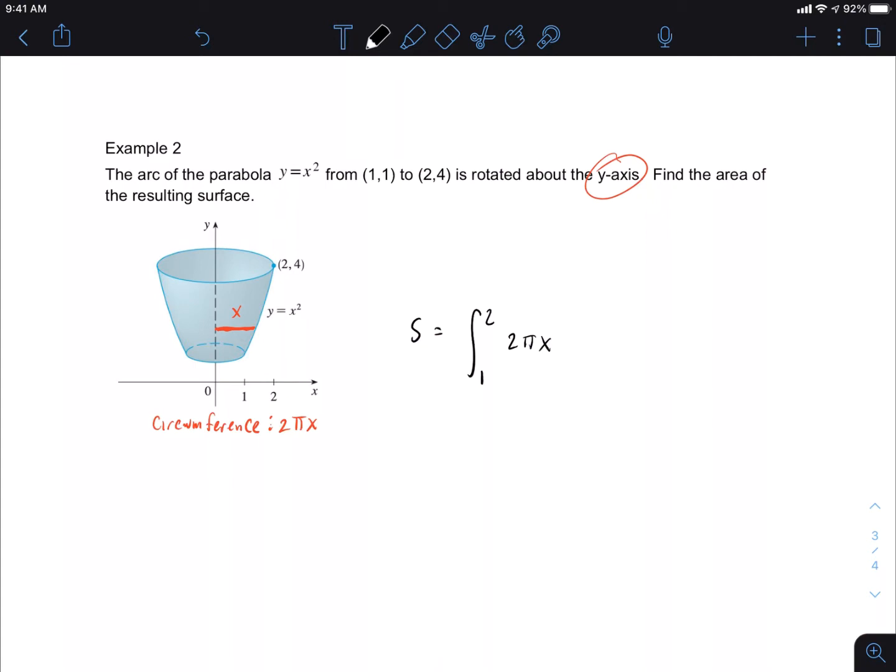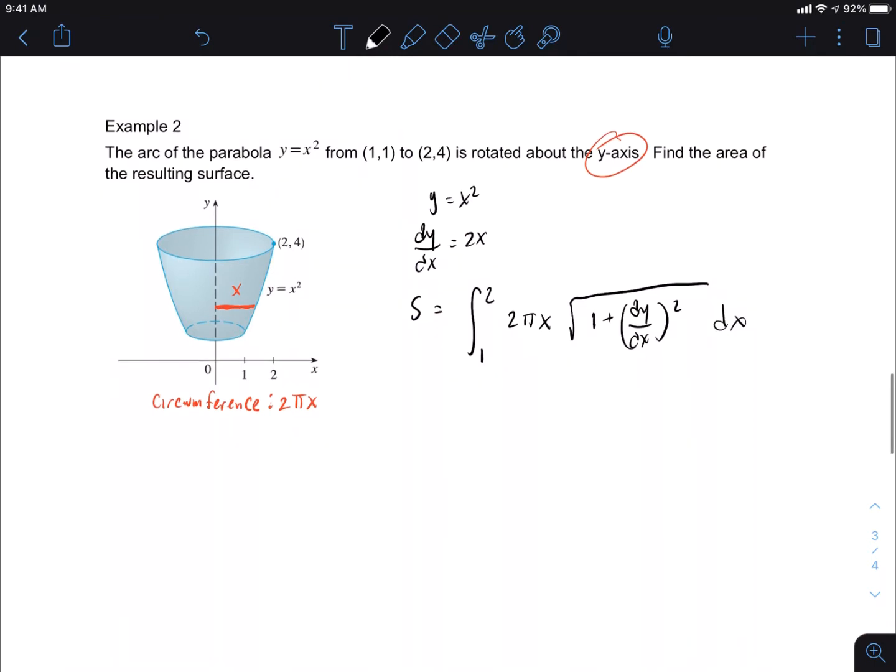Sorry about that. Okay, so my ds here, since the bounds are going to be in terms of x, it's going to be the root of 1 plus dy dx, that quantity squared, dx, right? Okay, so now y is x squared, so dy dx is 2x.